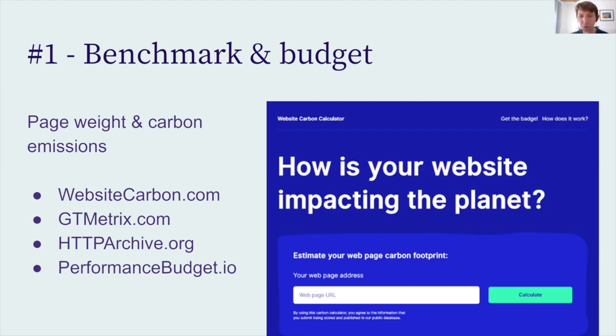And there's also a great little tool called performancebudget.io, and this is the next step after benchmarking, which is to set yourself a budget. If you say, okay, we're going to use page weight as our budget, and our current website is 1.5 megabytes for a single page, for example, but we think that we could get it down to 0.5 megabytes because we've seen some competitors doing that, you can go to performancebudget.io and put in some metrics that help you figure out what's reasonable in terms of the size of a web page.